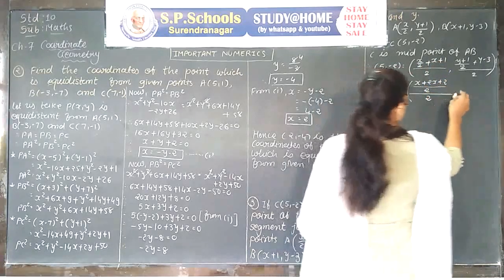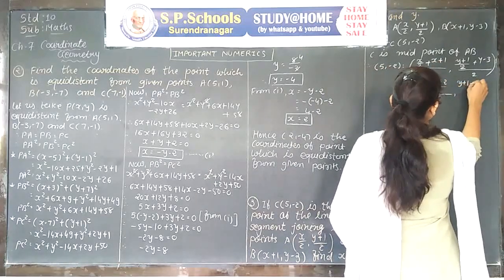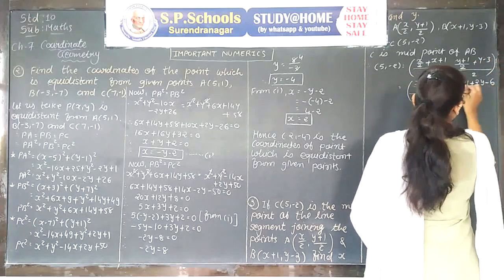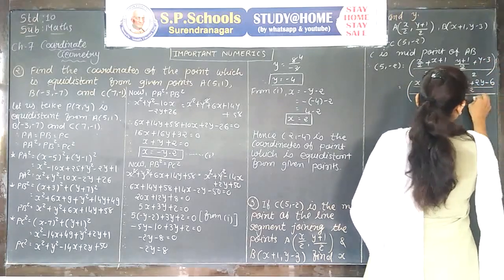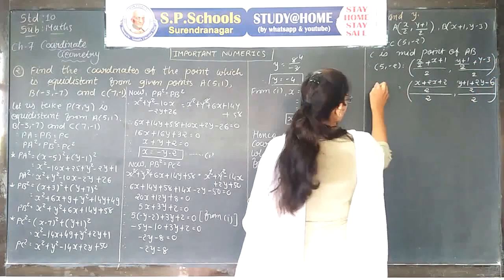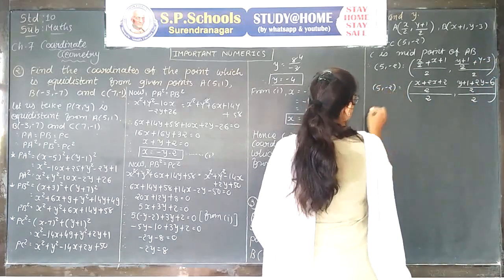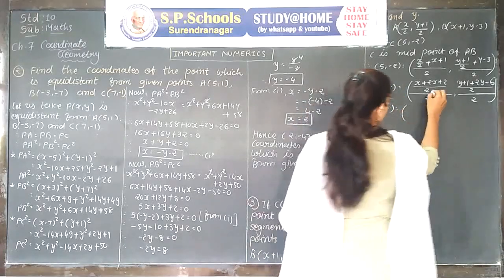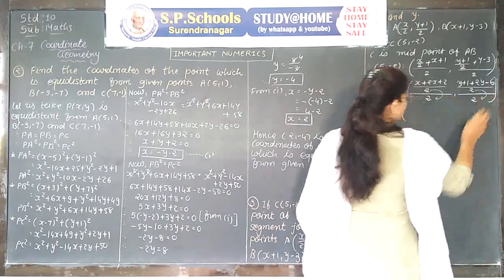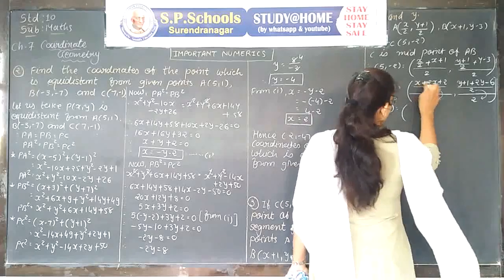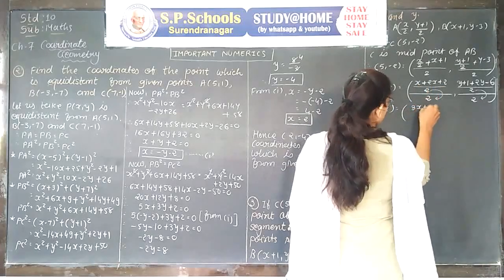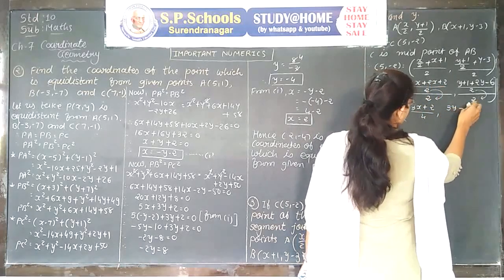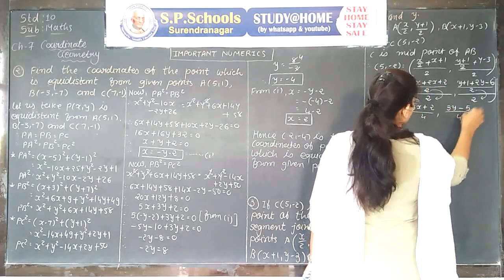Now y plus 1 plus 2y minus 2, 3y minus 1 upon 2 and upon 2. The left-hand side, (5, minus 2), stays as it is, equal to 3x plus 2 upon 4, and 3y minus 1 upon 4.